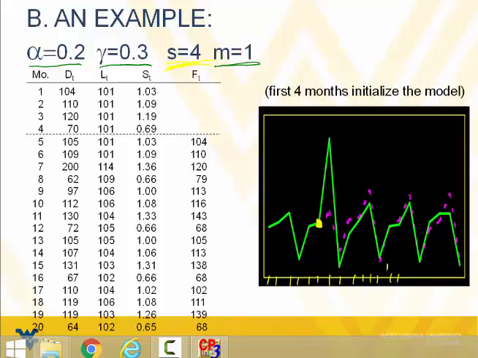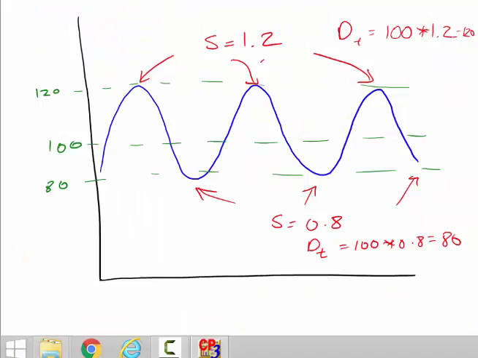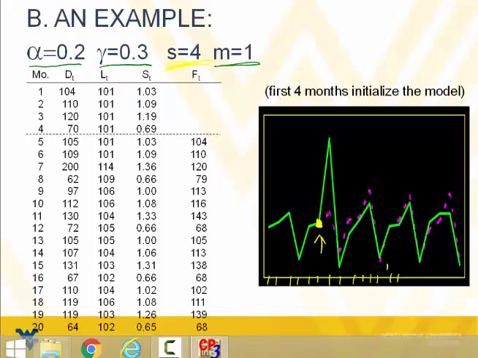I'm not going to use the seasonal index for here, right? Because from the example that I showed you, you cannot use, for example, the extreme case, the peak seasonal index for the valley. So I have to look back to the last time when there was a peak, which is 4 periods ago, 4 seasons ago.